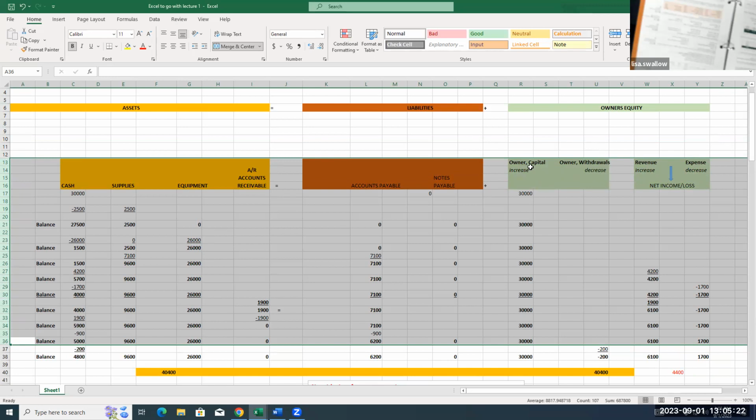What does capital do to equity? You may put an investment in, it makes it go up. What do withdrawals do? I'm taking assets out of my own business, so my equity goes down. When I earn revenue, what happens? Goes up. Incur expenses, goes down. What do revenues minus expenses equal? Net income or net loss?